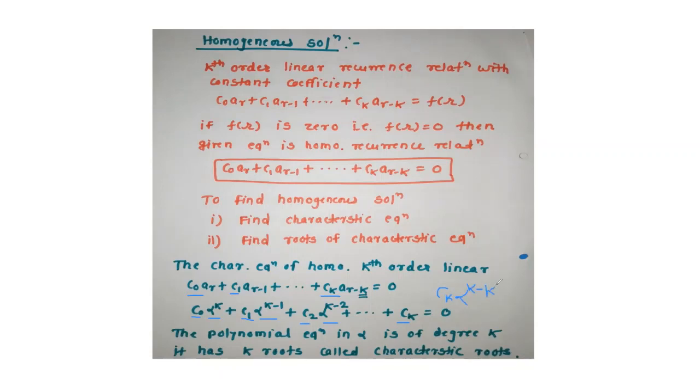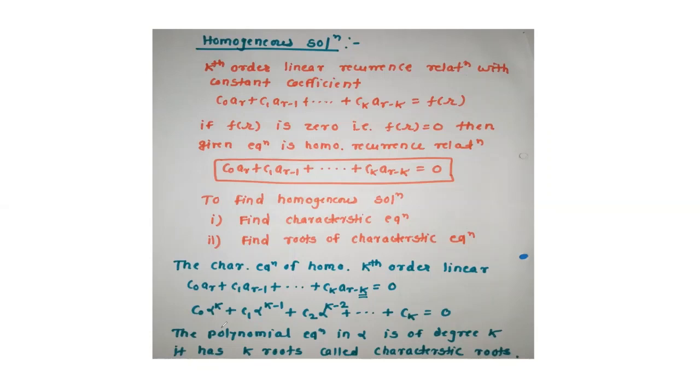So k minus k is equal to 0. So only here there is Ck. So the polynomial equation is in alpha here.